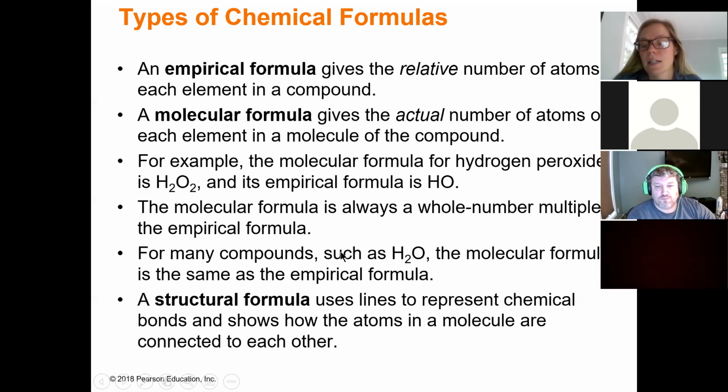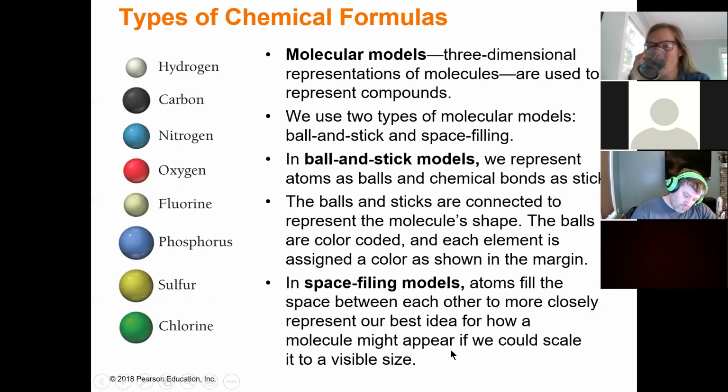For a lot of compounds, like I said earlier, such as H2O, the molecular formula and the empirical formula are the same. In real life, it's H2O. The lowest ratio is also H2O. A structural formula is a formula that uses bonds and shows how the atoms in the molecule are connected to each other. We'll get into this a little bit later on in another chapter.